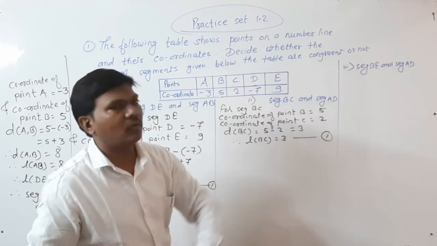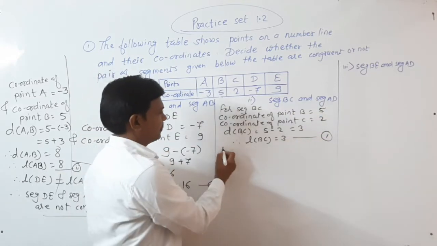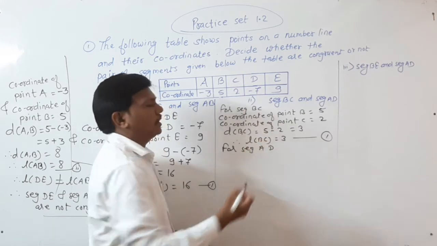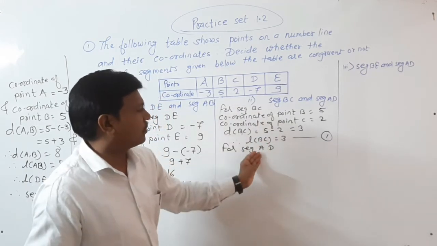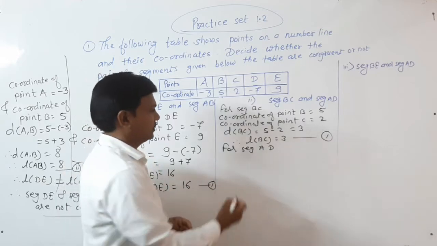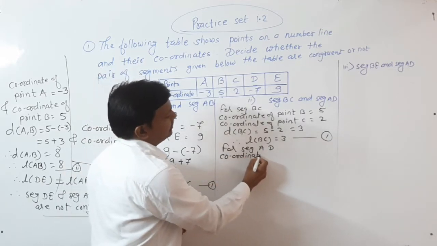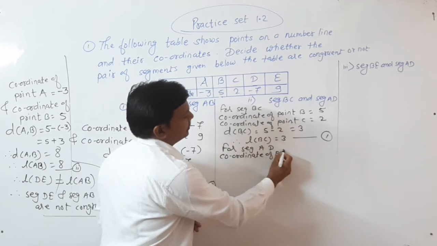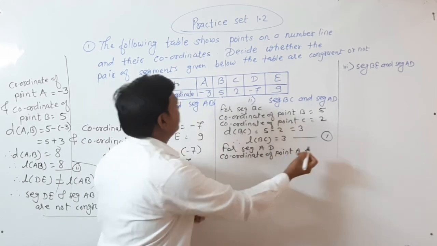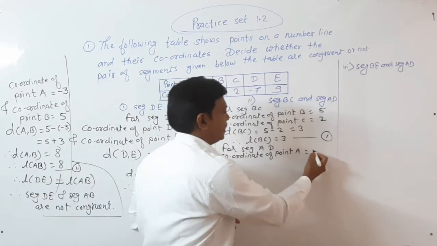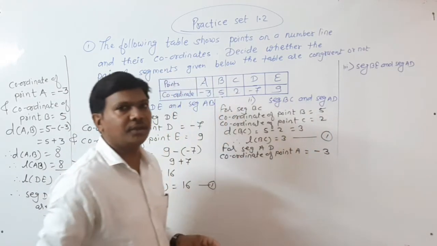Then for segment AD, again write the coordinates of points A and D. So the coordinate of point A. See, what is the coordinate of point A? That is minus 3. So we write here minus 3.